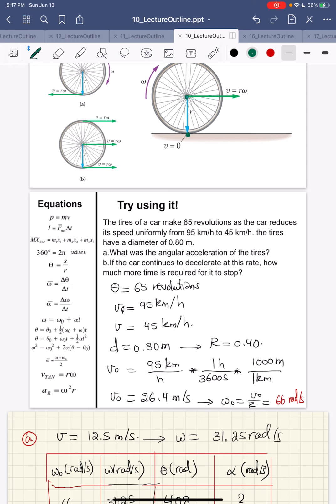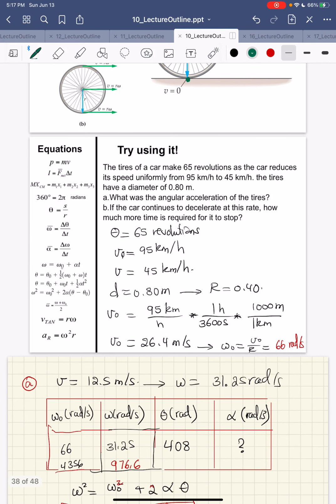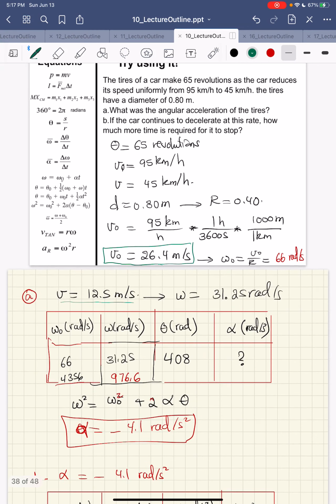I have converted my velocities first into meters per second, and then I have calculated my angular speed for the initial one, which is 66 radians per second. I also calculated my final linear velocity, 12.5, and I have calculated omega by dividing this by the radius, which is 31.25 radians per second.